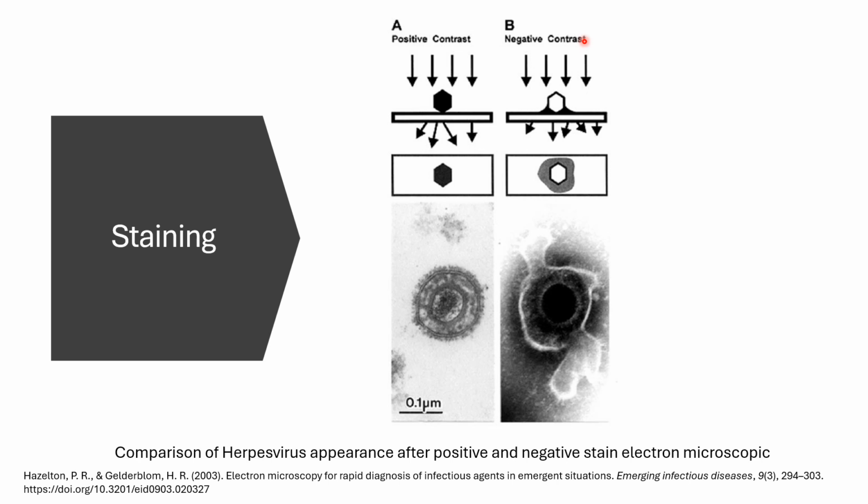If there are cavities within the virus particles that are accessible to the stain, these will be revealed and some of the internal structure of the virus may be disclosed. Here is the comparison of herpes virus appearance after positive and negative staining under an electron microscope.